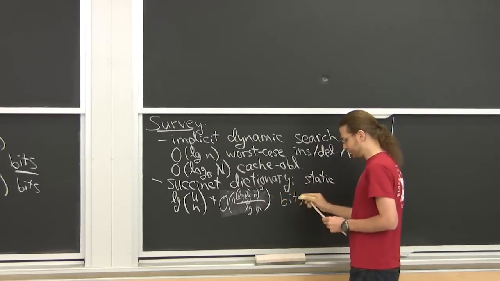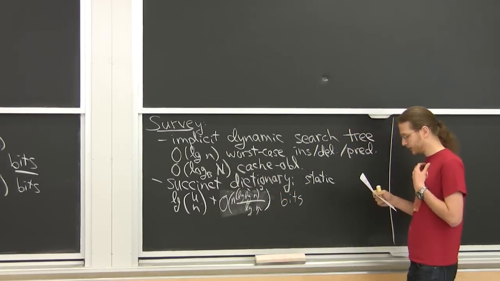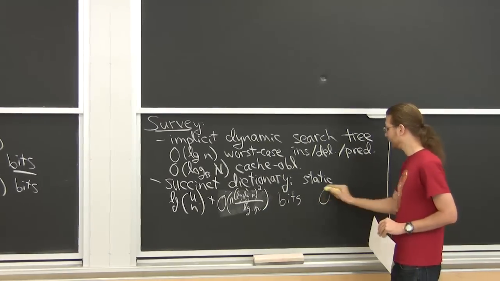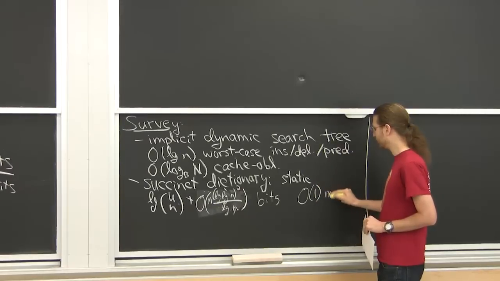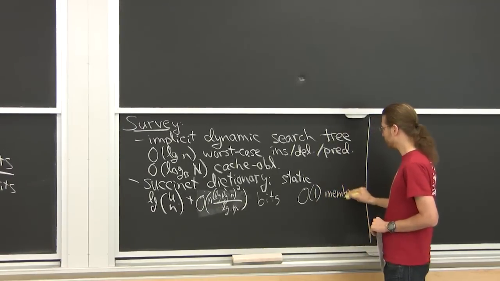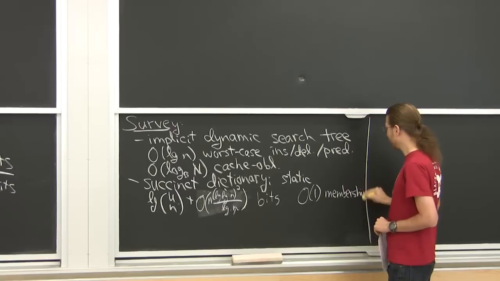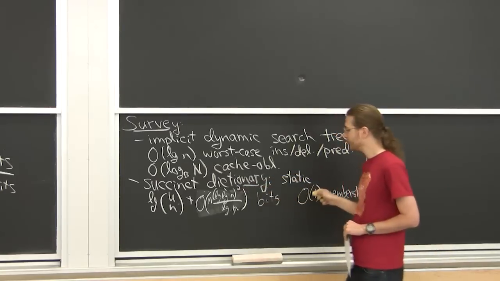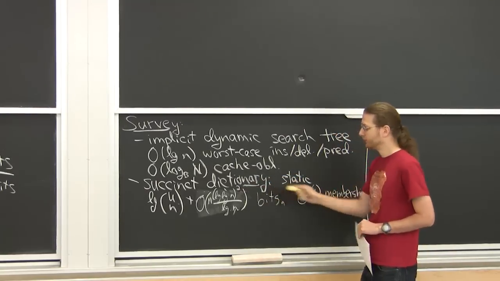And that's, I believe, the best known. This is Brodnik and Munro, and then improved by Pagh. And the point is you get constant time membership query. In general, the name of the game is you want to do the queries you're used to doing in something like a dictionary in the same amount of time, but with less space.